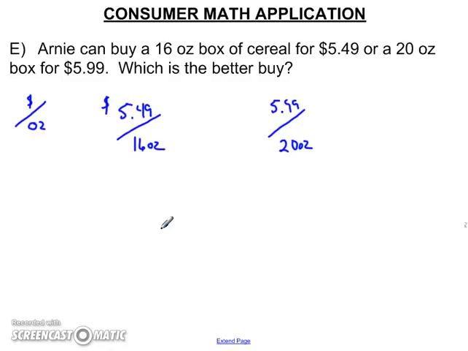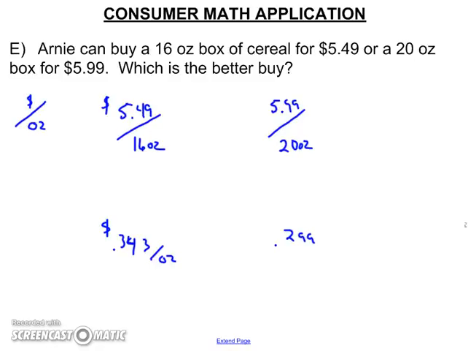549 divided by 16, which you may use a calculator, but show your steps, is 0.343, and I'm going to go out in this case to, so basically 34 cents per ounce. Okay, so 34 cents per ounce there. 599 divided by 20 is 0.299, which actually would end up being 30 cents an ounce.